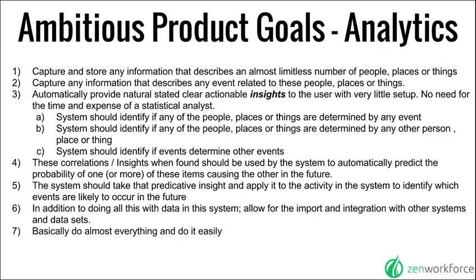So the key here is insights are found. They're not just computed based upon telling the computer what items should be checked. So we're trying to determine if there is an insight, and this is a major differentiator.